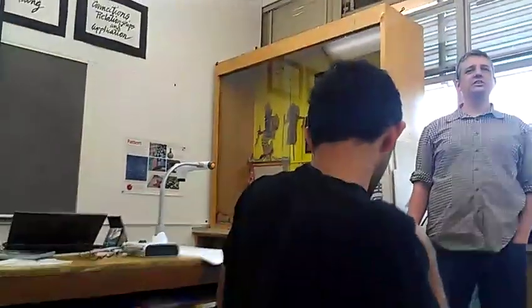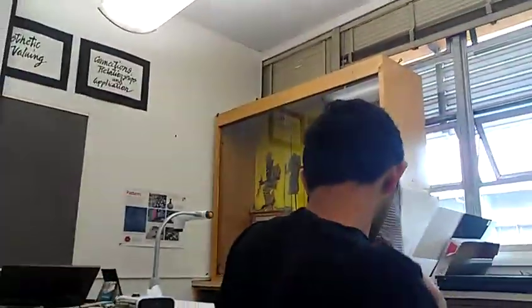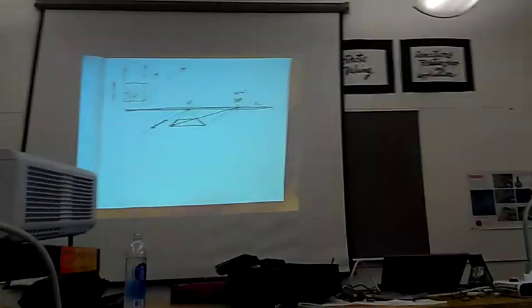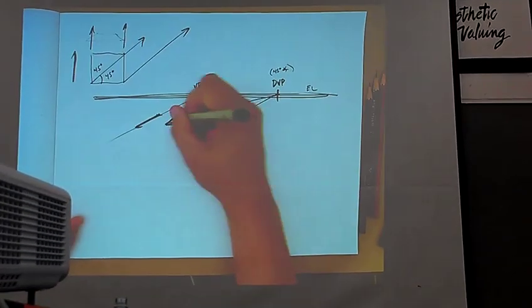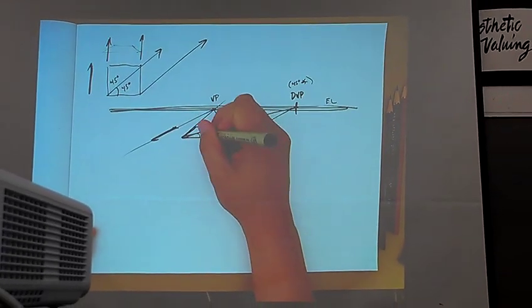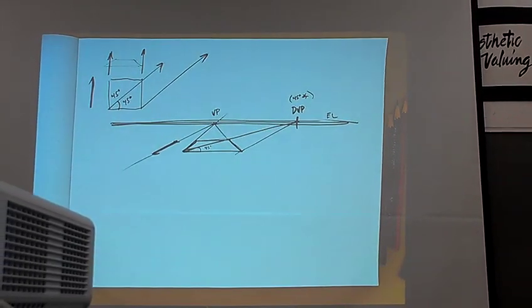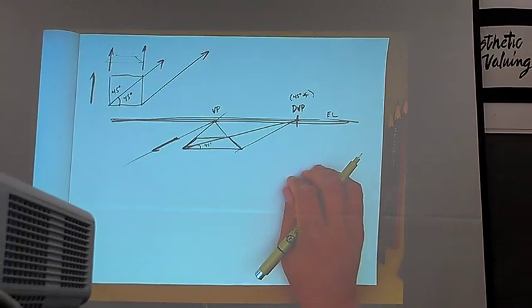Am I making sense here so far? All right, now. So if this is a 45 here, that's a 45-degree angle in space.